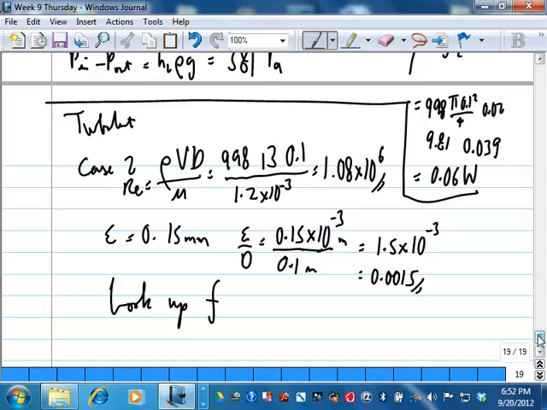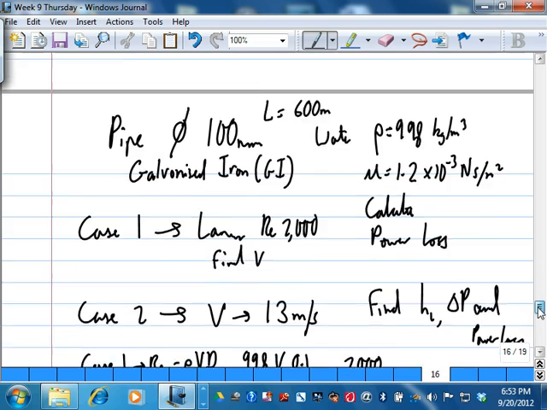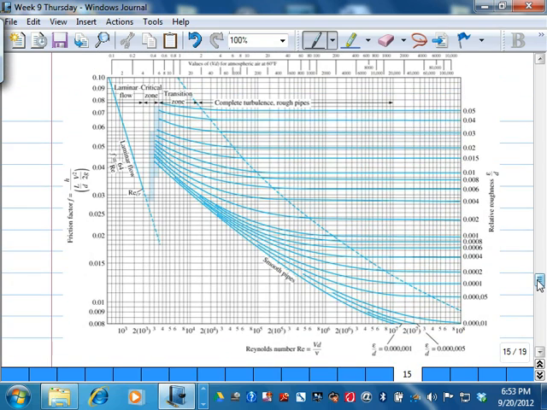Alright, so we look up 1.08 million and 0.0015. Here's 0.001, here 0.002. So our relative roughness is between this line and this line, say halfway.